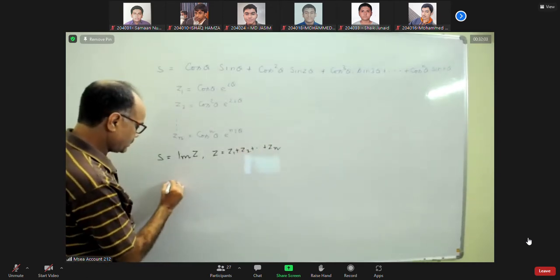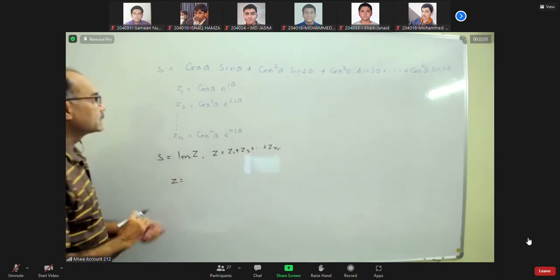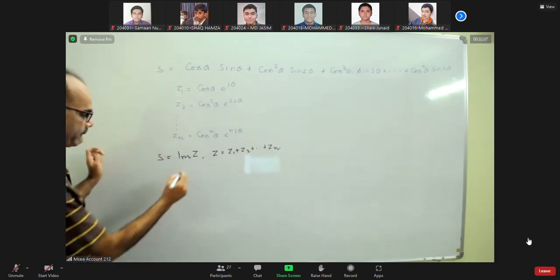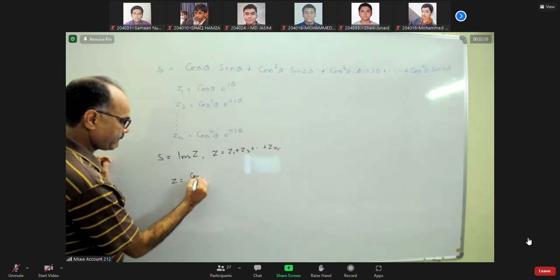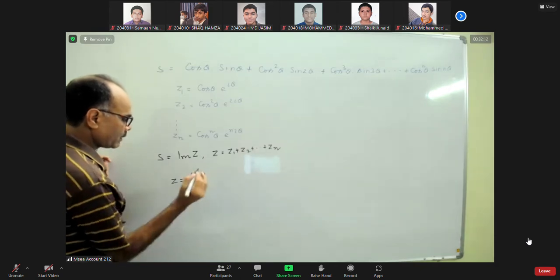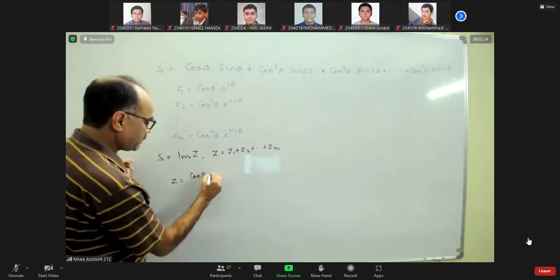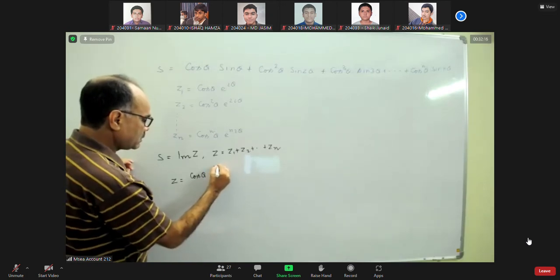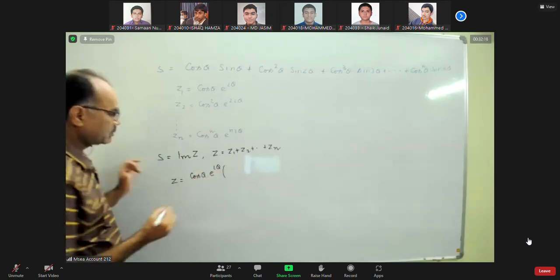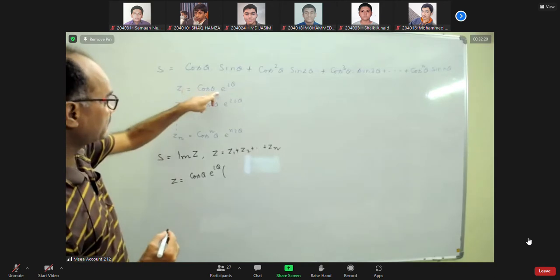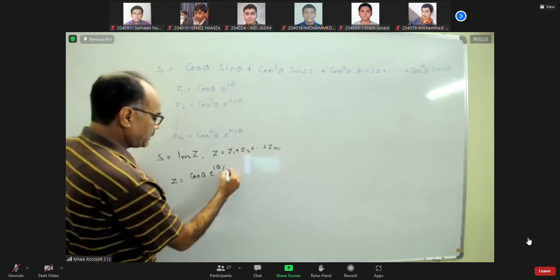So Z equal to, here A is cos theta into e to the power i theta, and R is same as A. A into R to the power n.